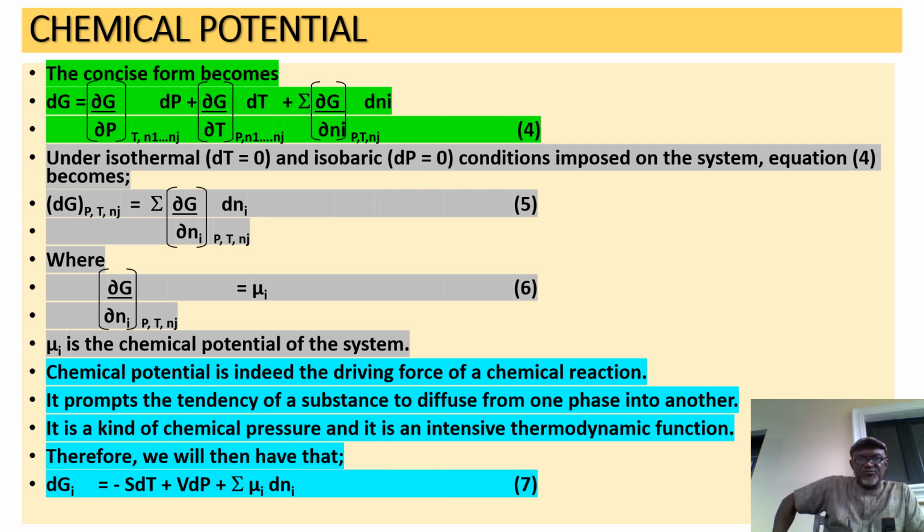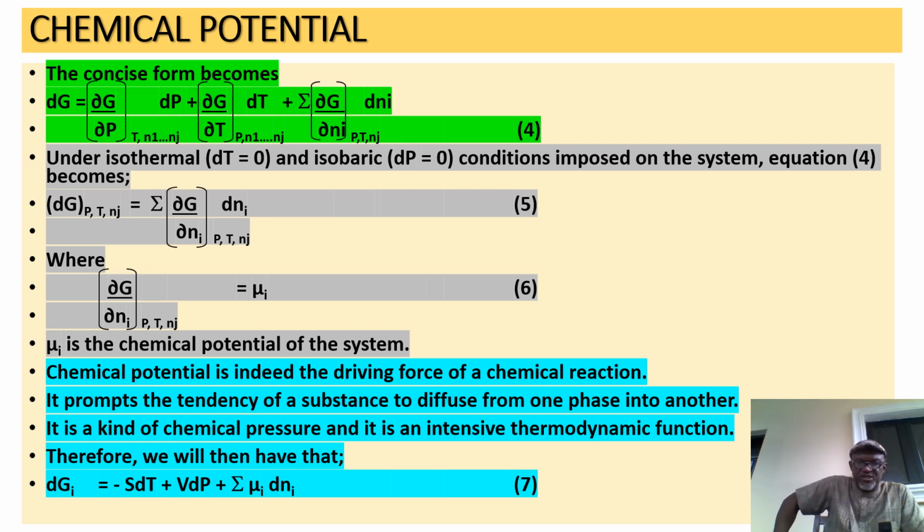Now, from equation 4, under isothermal and isobaric conditions, dT equals 0, dP equals 0, we have at constant T, P, and Nj, we'll get equation 5, where the partial derivative of G with respect to Ni gives us what we call the chemical potential of the system.